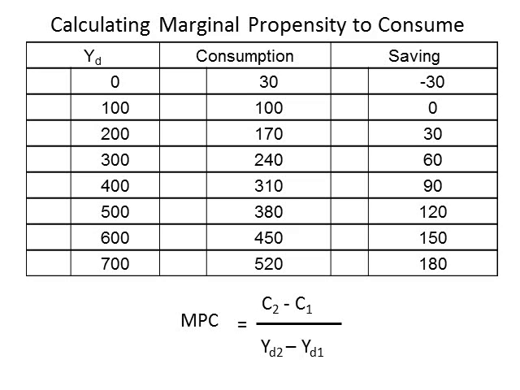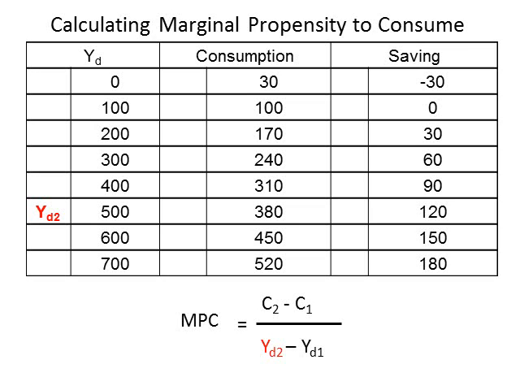And finally, when this person's weekly income goes up to $700, they consume $520 worth of goods and services, and they save $180. Also notice that we put down the formula. The marginal propensity to consume is equal to C2 minus C1 divided by Y2 minus Y1.